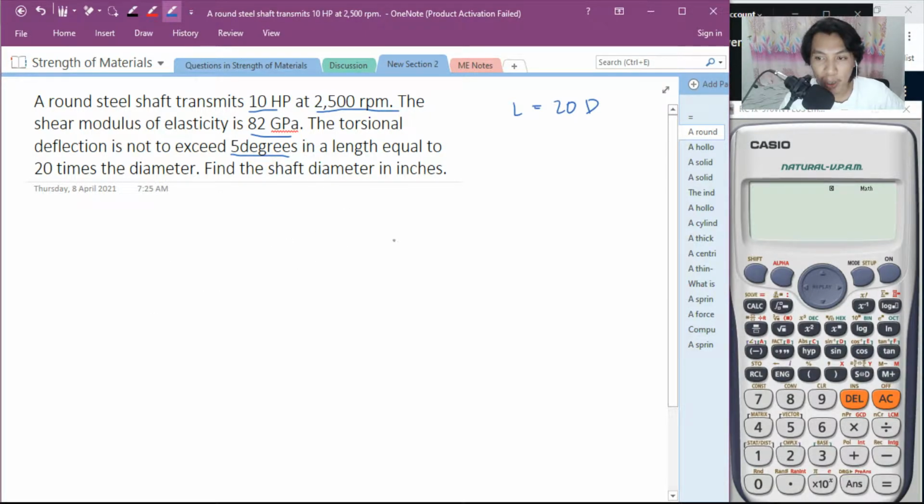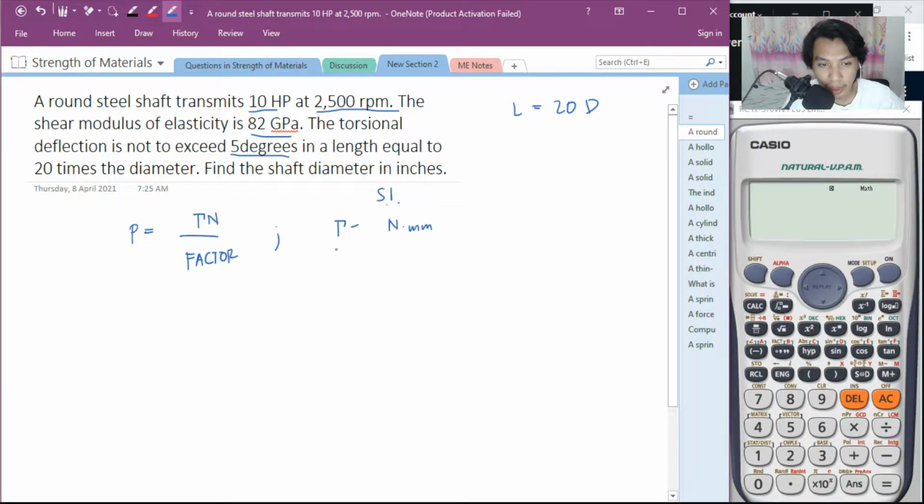So, marami tayong formula pagdating ng shaft. Okay? So, the power on the shaft, to recall lang, that is equal to Tn divided by the factor. Yan. So, what is the factor there? Okay, pag SI units, lagyan natin dito, SI units. Yung Tn mo, yung torque mo, dapat ang unit niyan is in Newton millimeter.